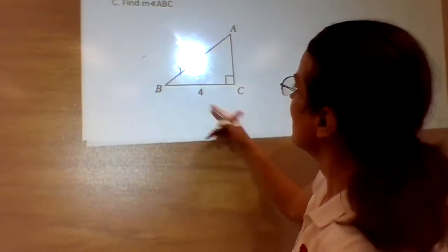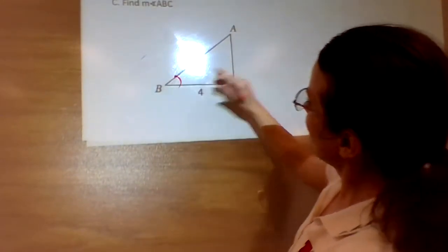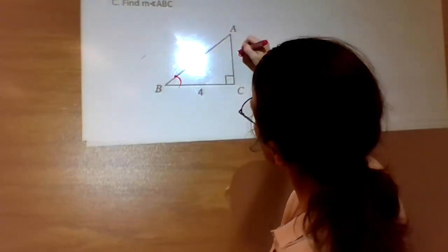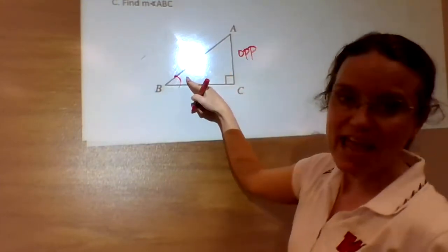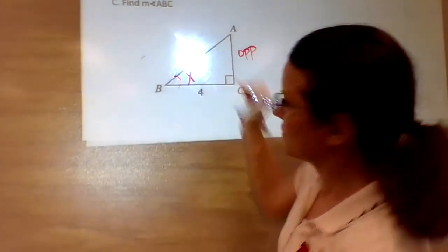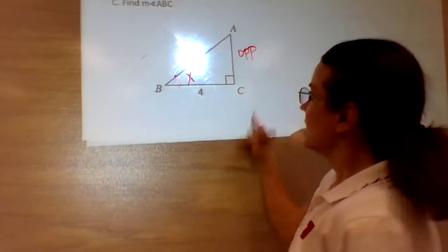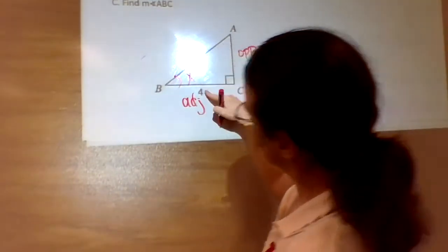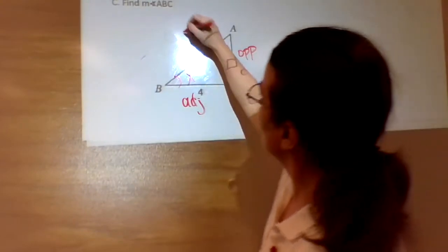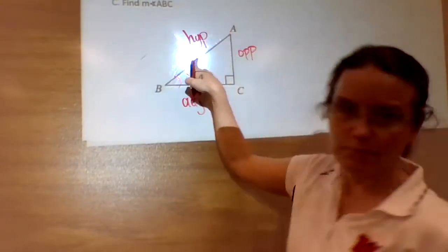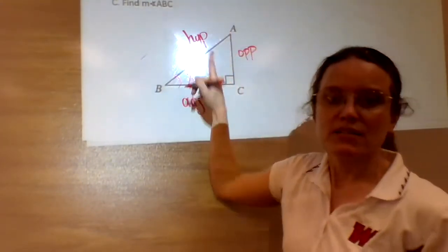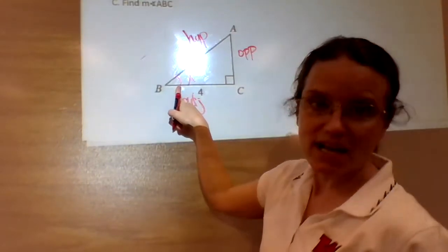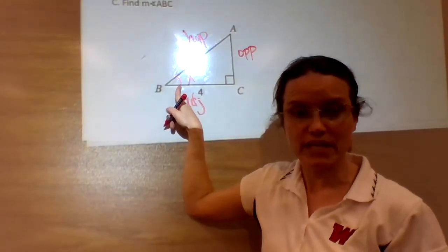Just hang with me. So to do this, I'm going to say, okay, here is the opposite side of the angle I'm focused on. The angle I'm focused on, I'm going to call x. The opposite side is over here. My adjacent side is down here with the number 4. And my hypotenuse is up here with the number 5. And so if I want to find angle x, I should use two parts that I already know.